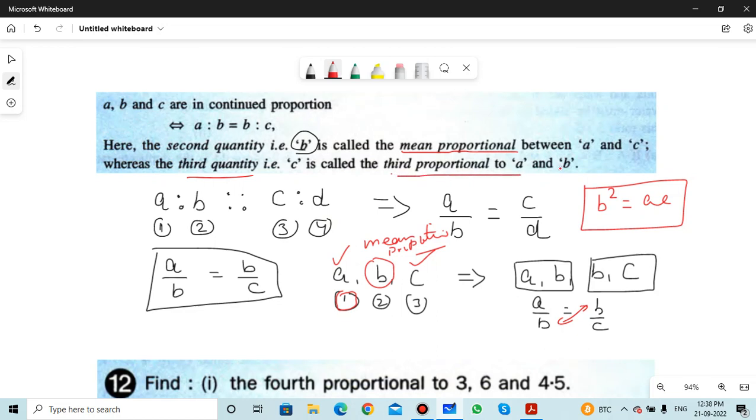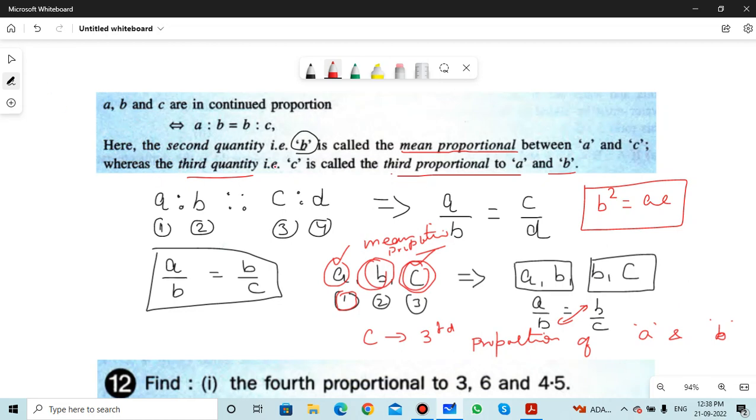So remember, this is the third proportion. Sometimes you will get a question to find the third proportion or mean proportion. So if they ask you to find the third proportion, C is the third proportion of A and B.